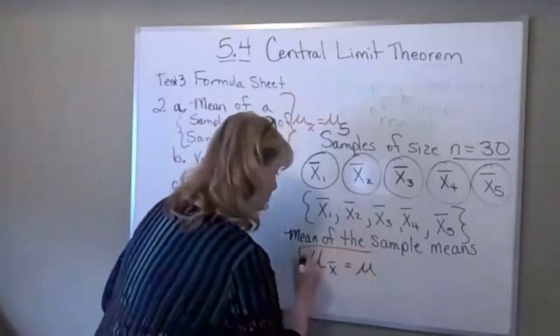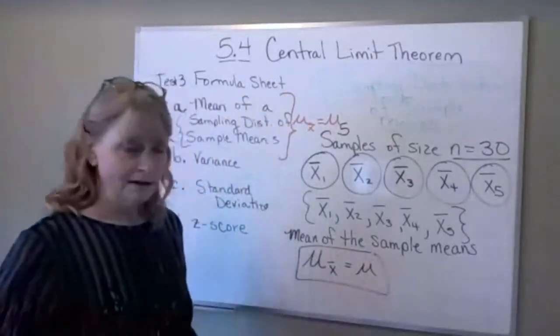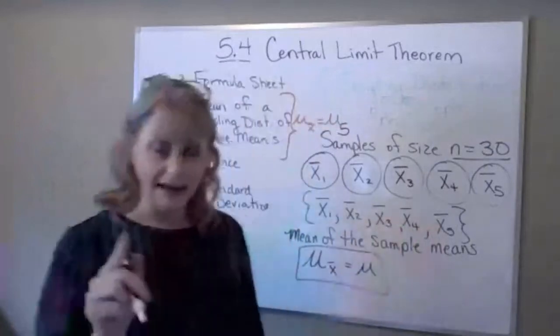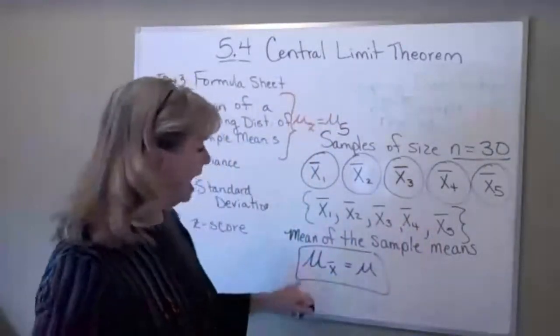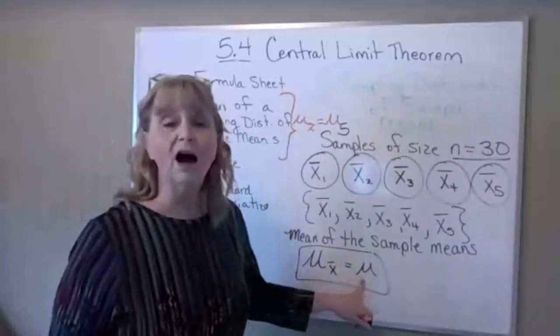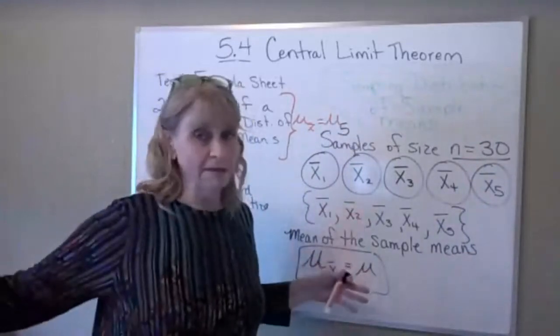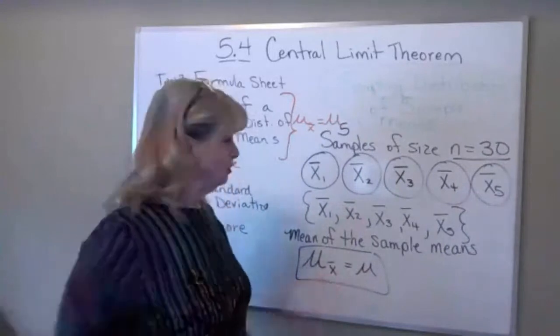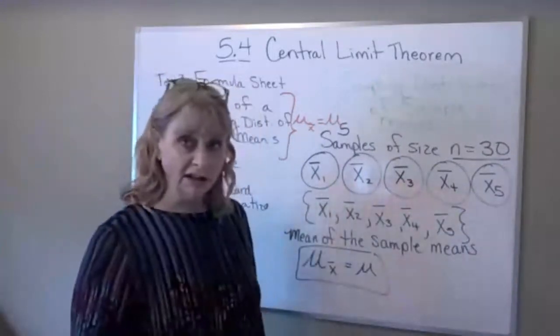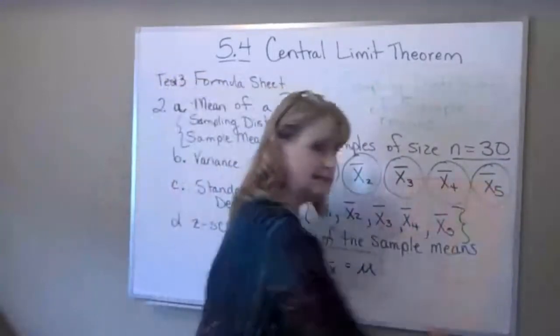Now, what that means is that by averaging those 5 sample means, I will get the mean of the whole population. Remember, there were like 5,000 people in the population? We took 5 samples of 30. We got those means.